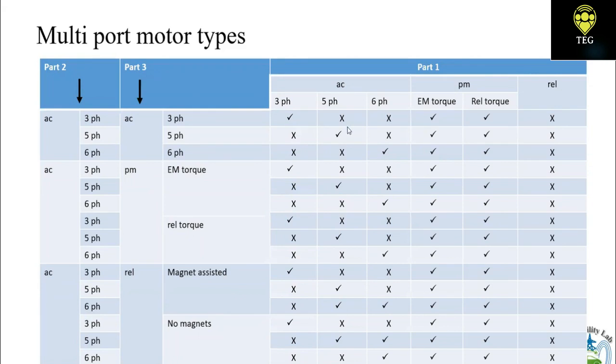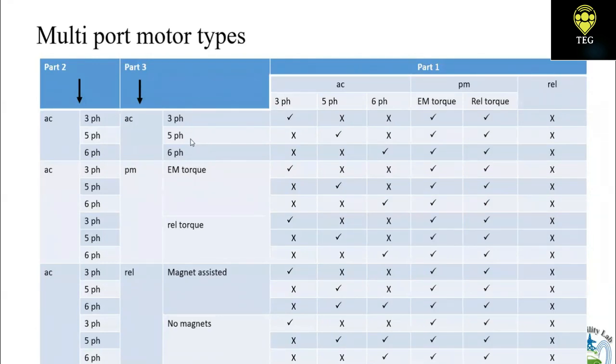For example, it's a very fundamental principle you have to keep in mind. If I have three phase excitation in part one, then I should have three phase excitation in part two, and also in part three. I cannot make a machine where part one has three phase excitation, part two has five phase and part three has five phase. That's not possible.